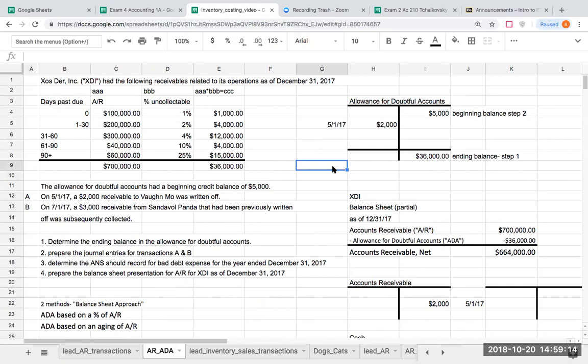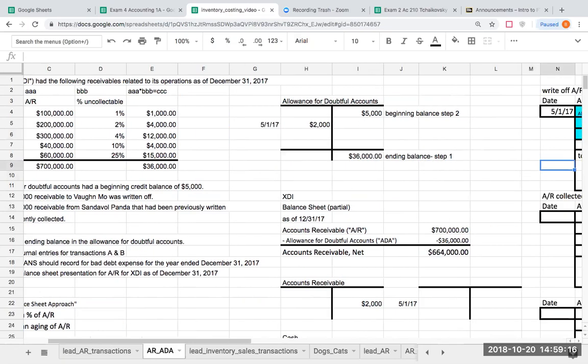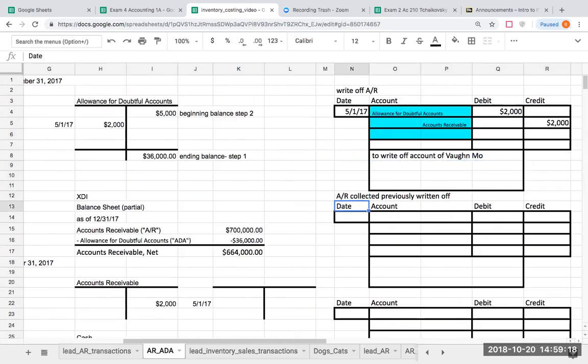What this means is that we need to reverse on July 1st the previous journal entry we would have done for Sandoval Panda, which is I'm going to debit accounts receivable for $3,000. And this is for the Panda.